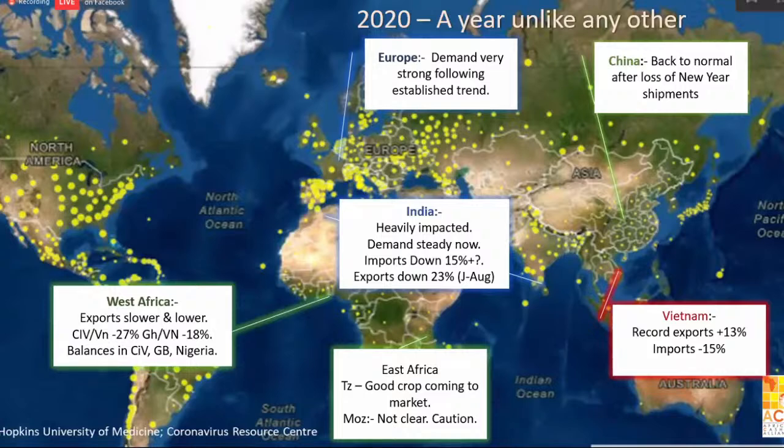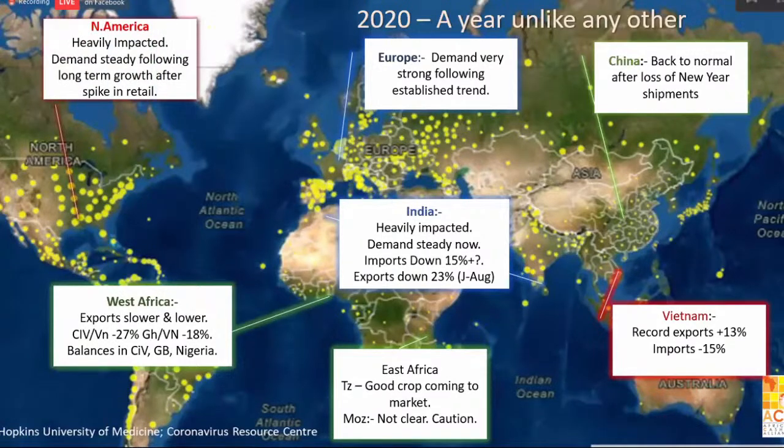Demand has been very strong. Demand remains very strong. And this trend in demand didn't start in the pandemic. This is not pandemic-driven demand. This is continuing a trend which first started to show last year, before we even knew about the coronavirus.